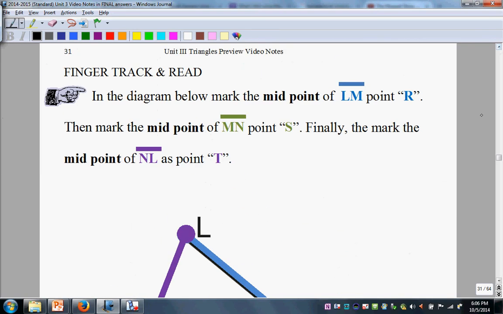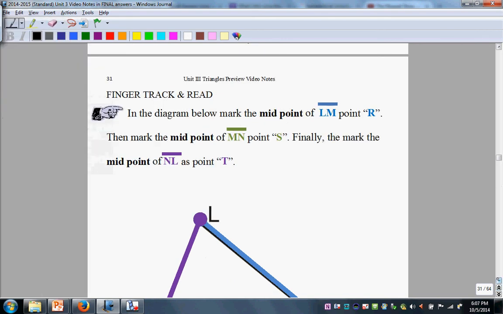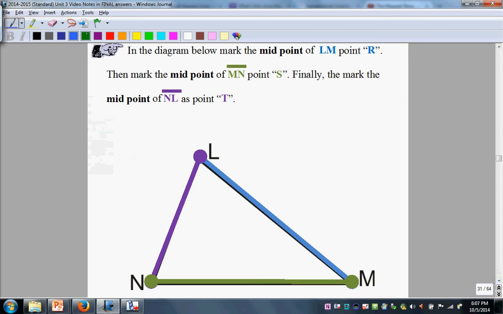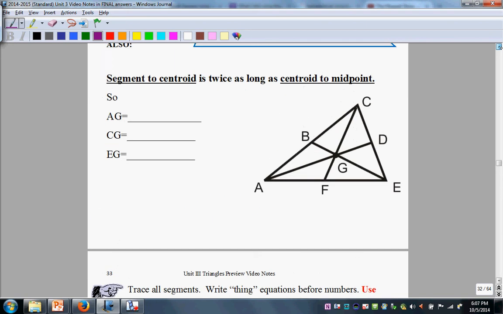So in the diagram below, we're going to mark the midpoint of LM. The midpoint of L to M is going to be point R. The midpoint of MN is going to be S. And the midpoint of NL is going to be T. Now we're going to draw in our three medians.